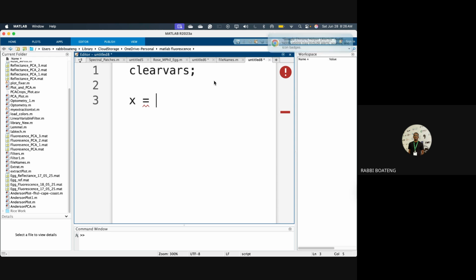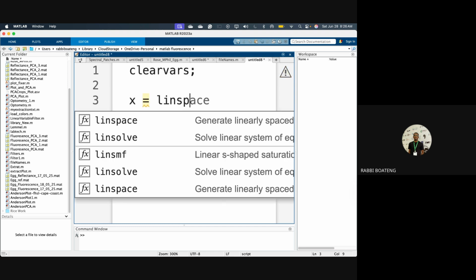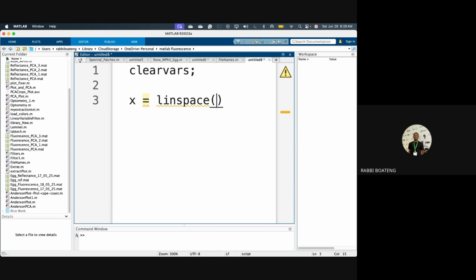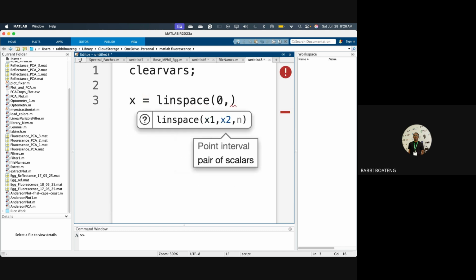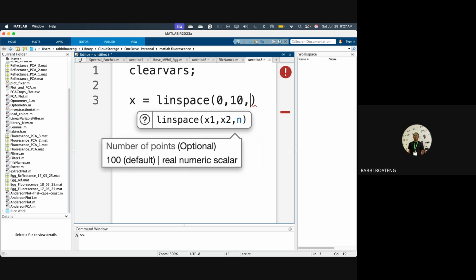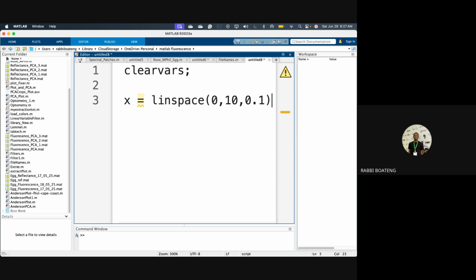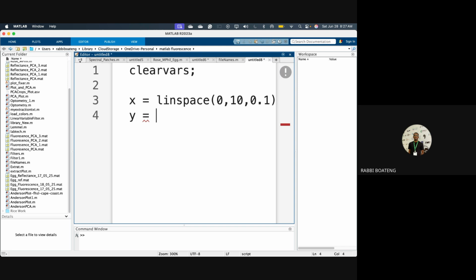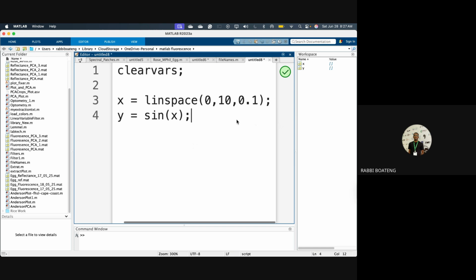But we have some X values here, and let's say we do a linspace of 0 to say 1, or let's say 100 or 10 maybe, and a difference of 0.1. And we call another function y. But this time around, we let y be a sine of this x. Is that okay?